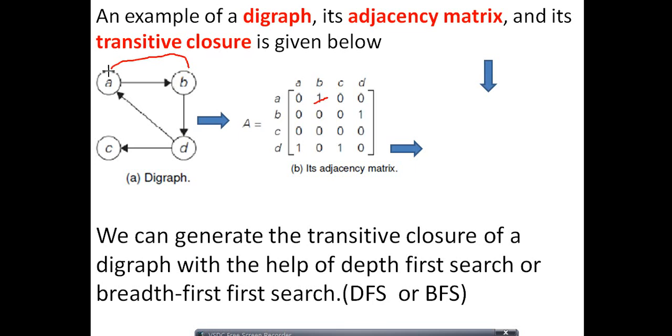A to A there is no path, so simply put 0. A to C there is no path, simply put 0. A to D there is no path, okay, so put 0. Now see here, B to A, same thing, B to B, B to C, but observe B to D there is a value 1. B to D, the path exists, so put the value 1. So this is the adjacency matrix.